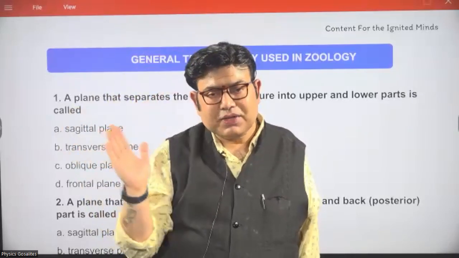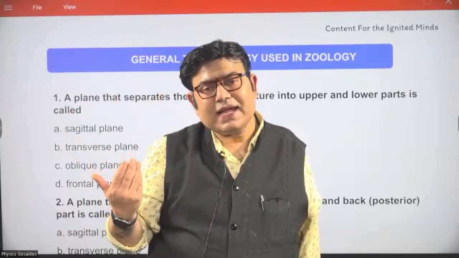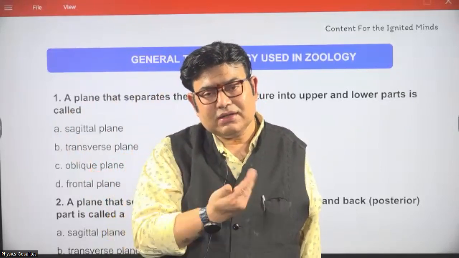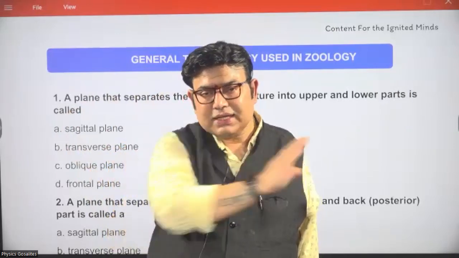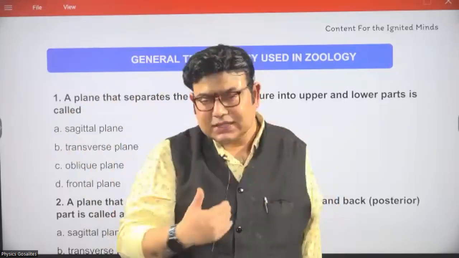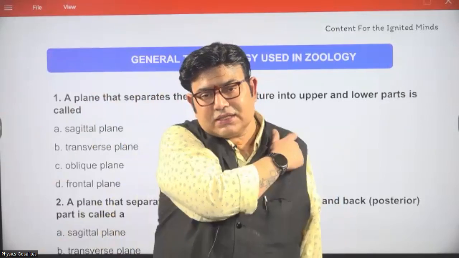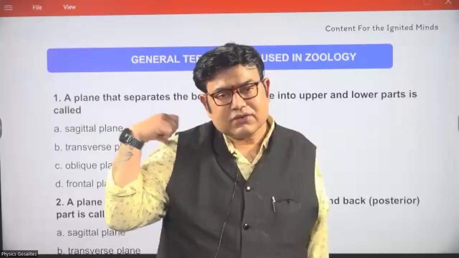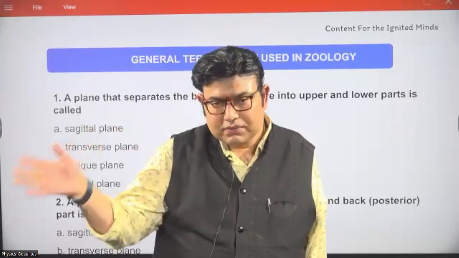Anything close to the median is medial. Away from the median is lateral. Medial, lateral. We have two lateral sides: this is left lateral, this is right lateral. Makes sense?